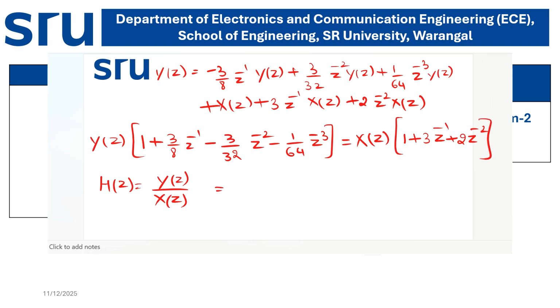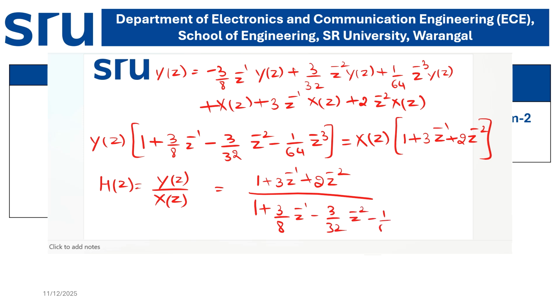Now take this to the RHS and x of z to the LHS. Therefore, 1 plus 3 z power minus 1 plus 2 z power minus 2 divided by 1 plus 3 by 8 z power minus 1 minus 3 by 32 z power minus 2 minus 1 by 64 z power minus 3. Now I am considering one intermediate stage, w of z.